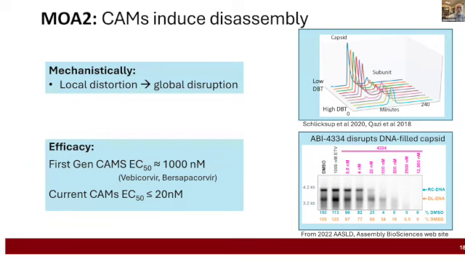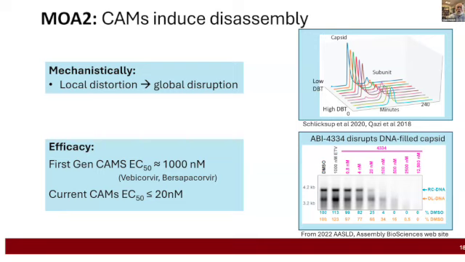I should have noted this is a size exclusion chromatograph. And some work from Assembly Biosciences with a highly active CAM following mechanism of action 2. This is actually work by Narudin Anshwanawala.